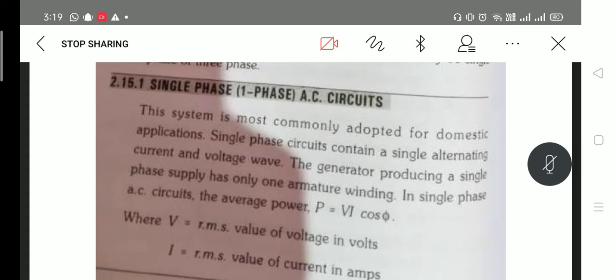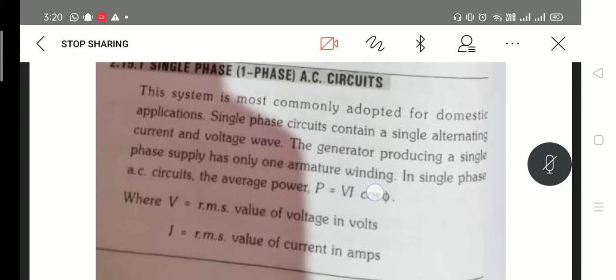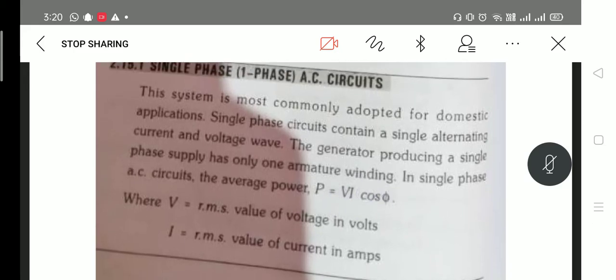Single phase AC circuit also we discussed in the last class, how to measure the power in AC circuits, right? That is P is equal to VI cos phi, the formula. Here V is the RMS voltage and I is the RMS current. How do we get P is equal to VI cos phi? That derivation was also proved in the last class.